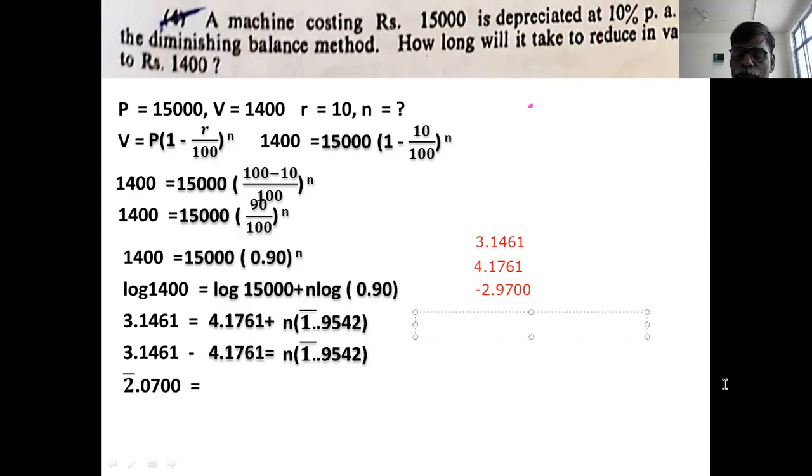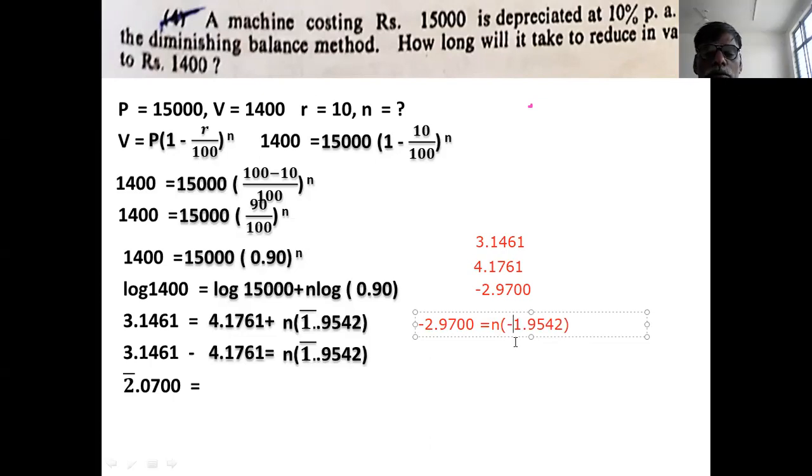your answer is minus 2.9700 is equal to n in the bracket bar 1.9542. You put the bar here. It is minus.